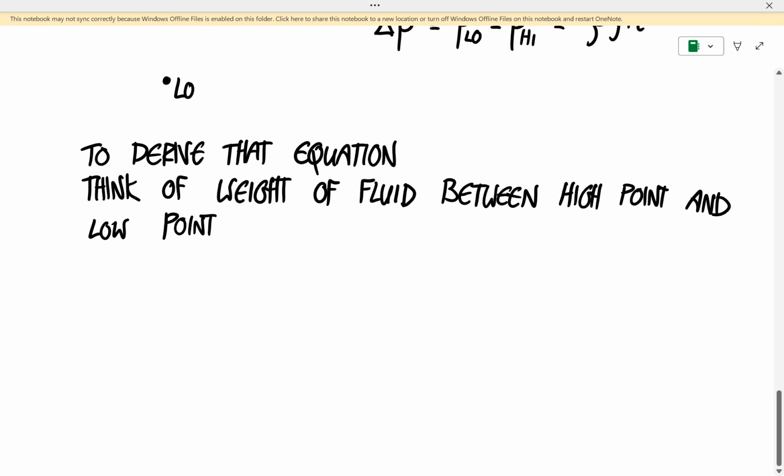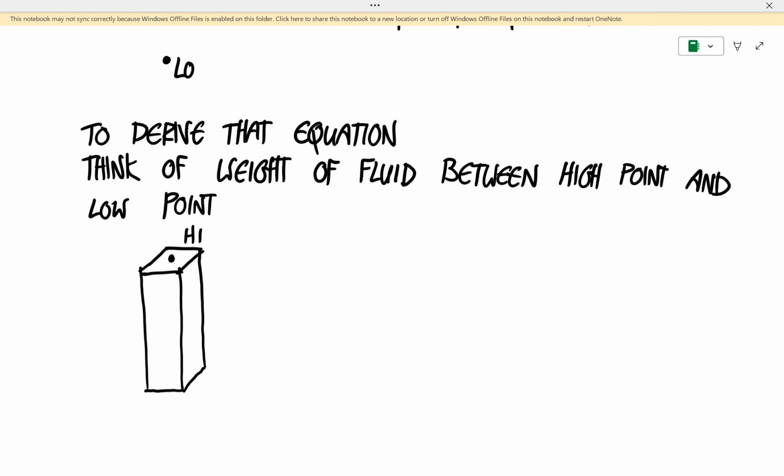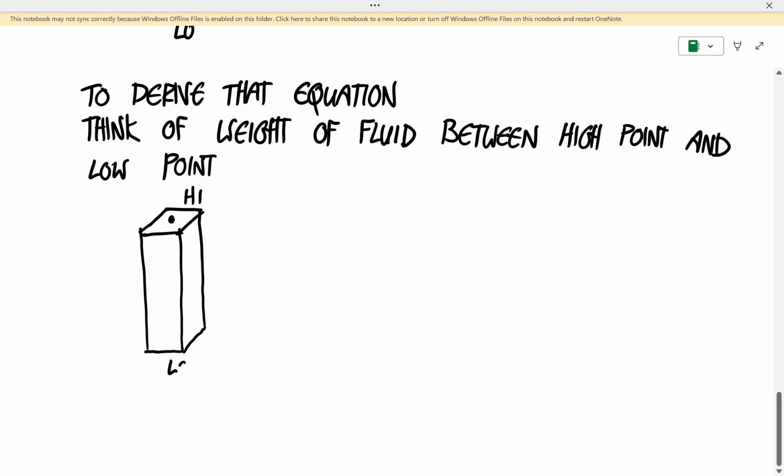Okay, so like for example, let's think of a square cross section, and then this is all fluid. This is the high point, and this is the low point. The difference in pressure between these two is created by the weight of this column of fluid.